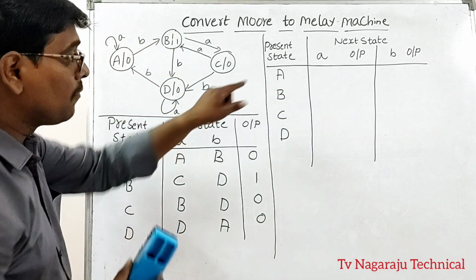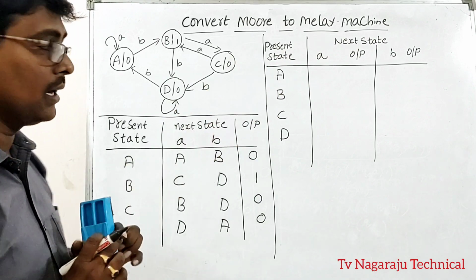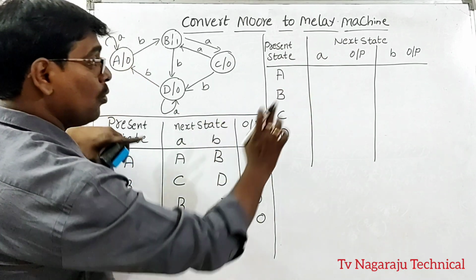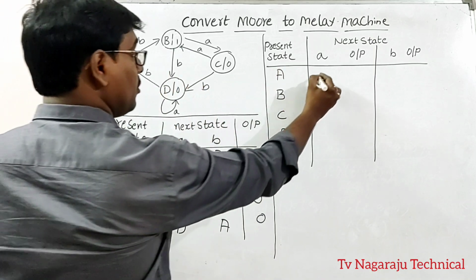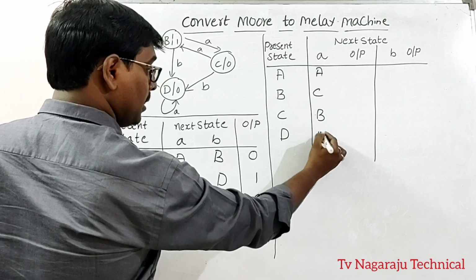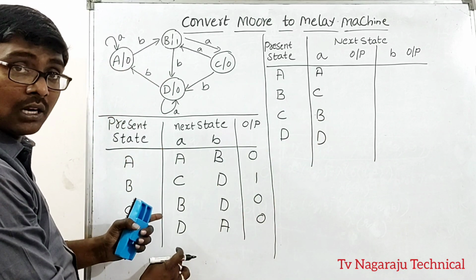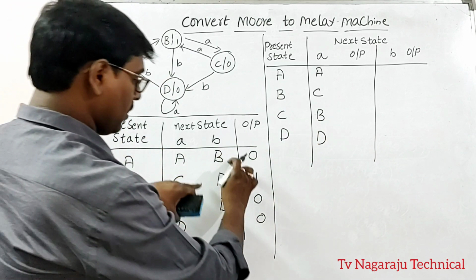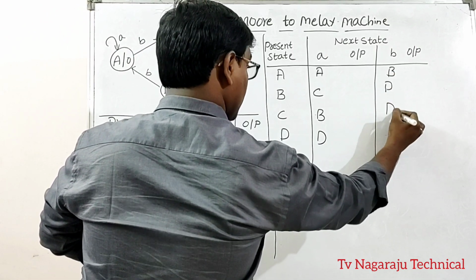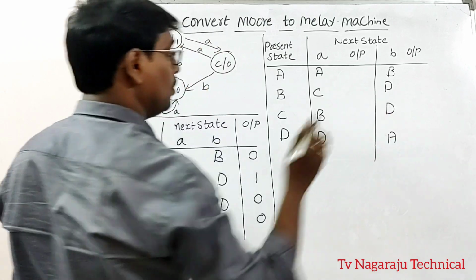Here, first I will complete the table. See this one. A on a. The only difference is in terms of outputs. A, C, B, D. These transitions are not changed. Only the outputs are modified. B, D, D, A. Okay.